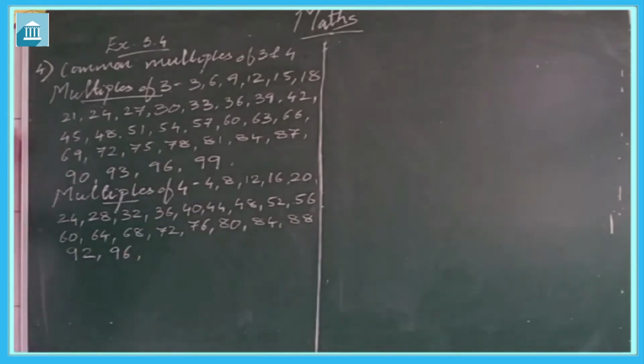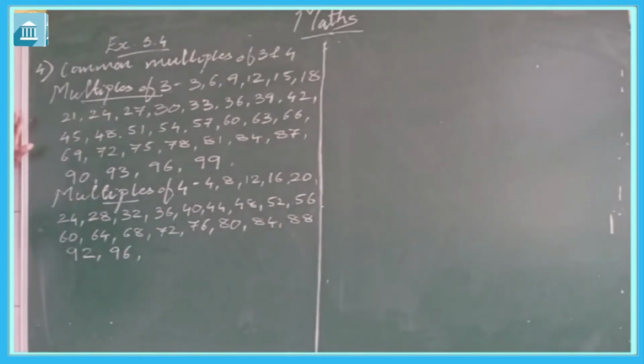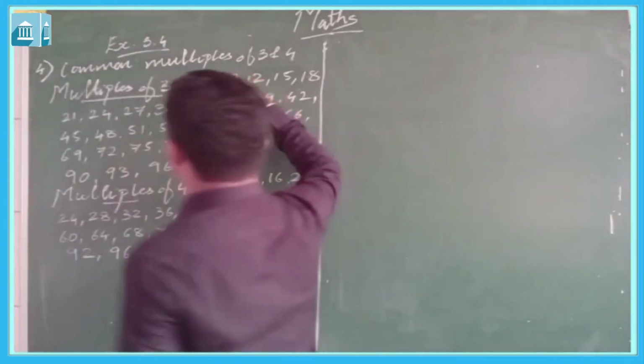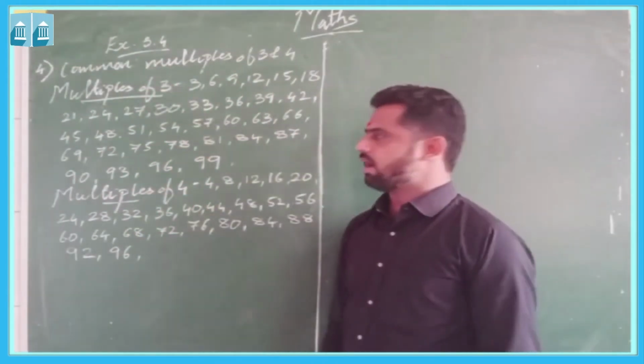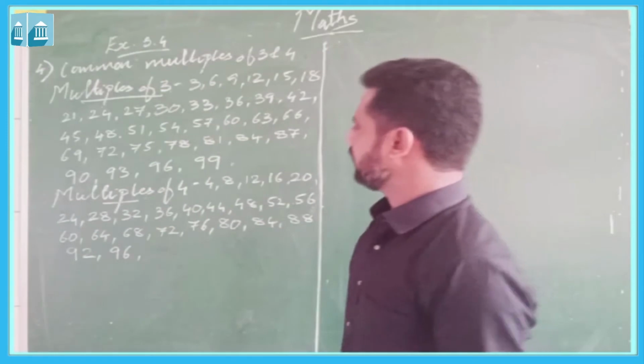So till 96. Now we have to find out common multiples of both 3 and 4 which are less than 100.